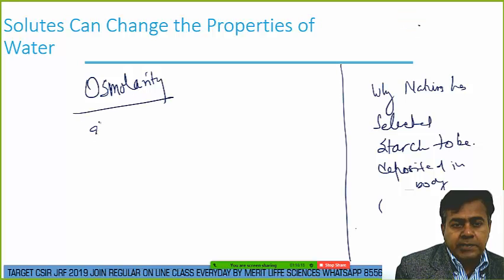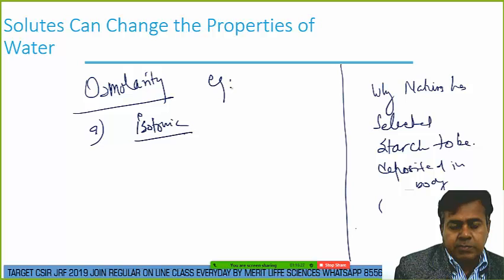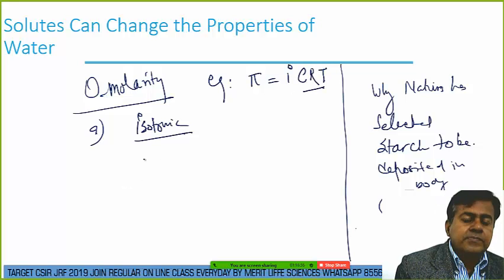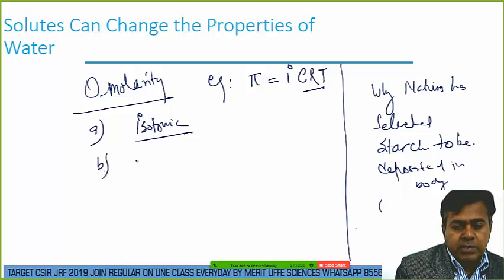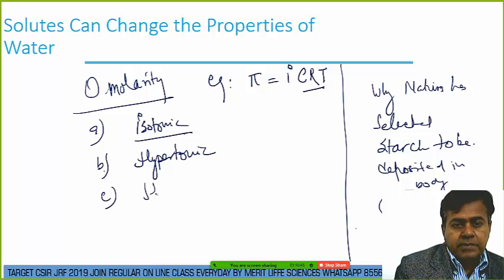First, isotonic, and the main equation that applies here is pi equals i C R T. Right. So there are three types of osmolarity: isotonic, hypertonic, and third is hypotonic. Okay. So what is the pi?